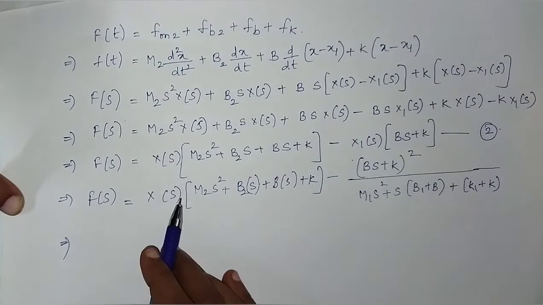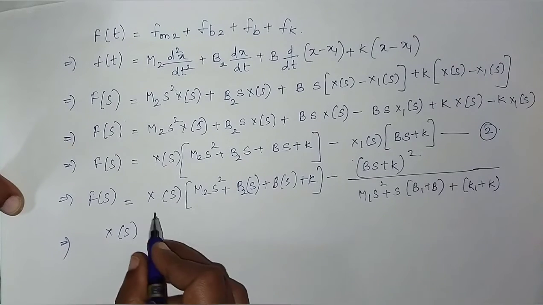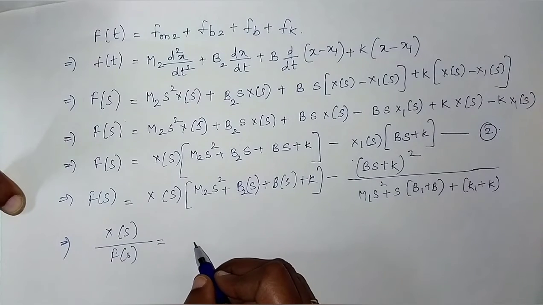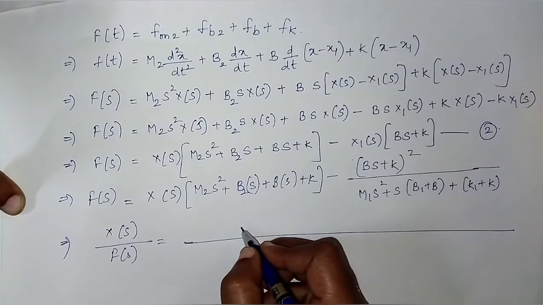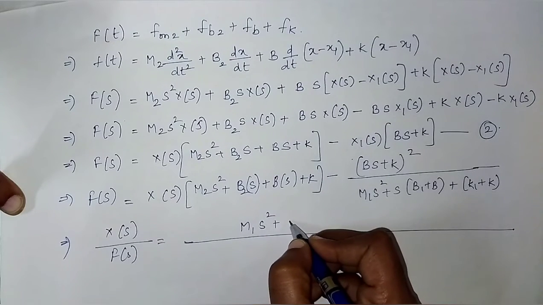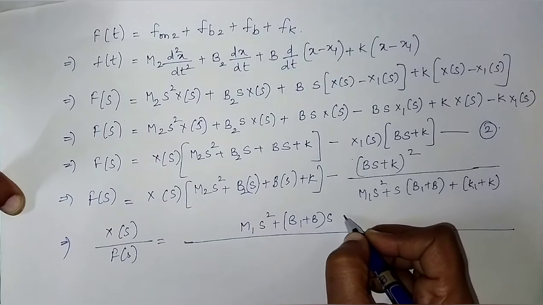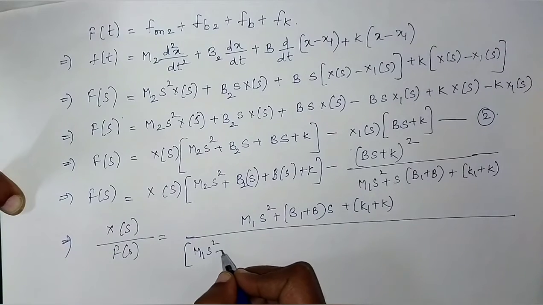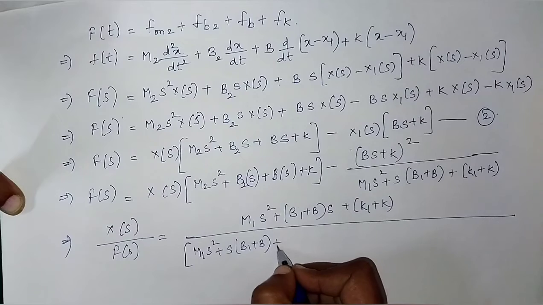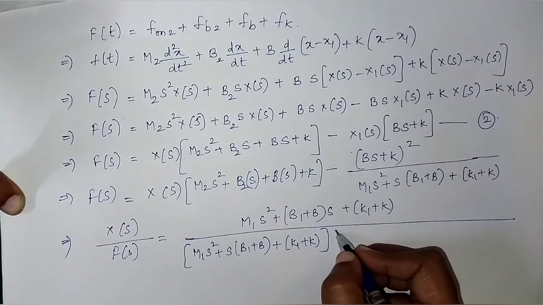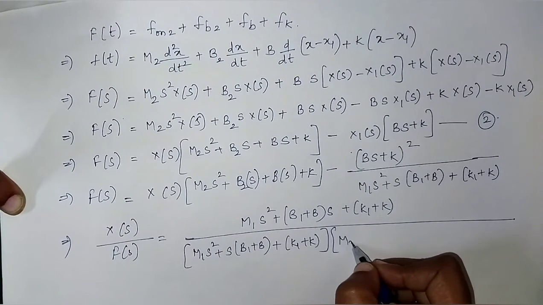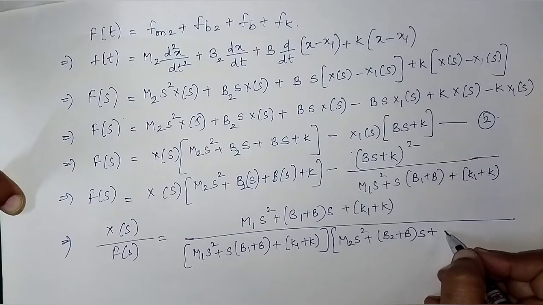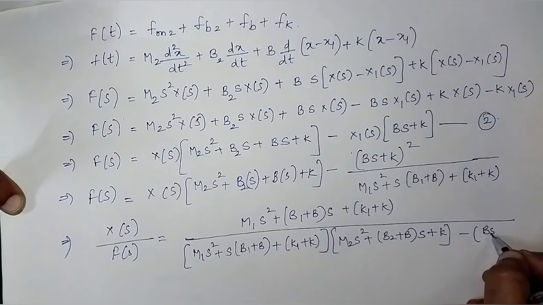Now finally from this total frame, we are supposed to get x of s by F of s, taking the LCM and then getting this on one side, then we get m1 s square plus b1 plus b into s plus k1 plus k by m1 s square plus s into b1 plus b plus k1 plus k, into m2 s square plus b2 plus b into s plus k, minus bs plus k whole square.